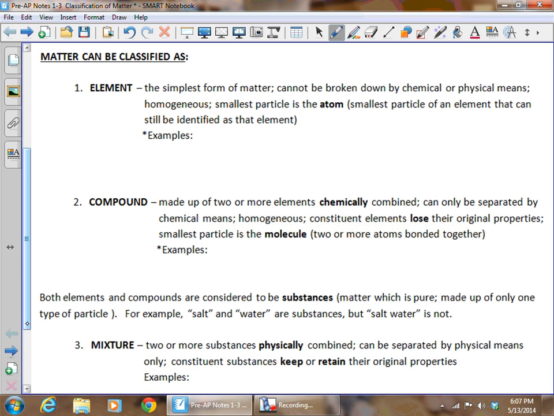The smallest particle of an element is the atom. That is the smallest particle of an element that can still be identified as that element. You have a worksheet in your packet that is asking you to come up with symbols for the different elements, and a periodic table that will help you in doing that.